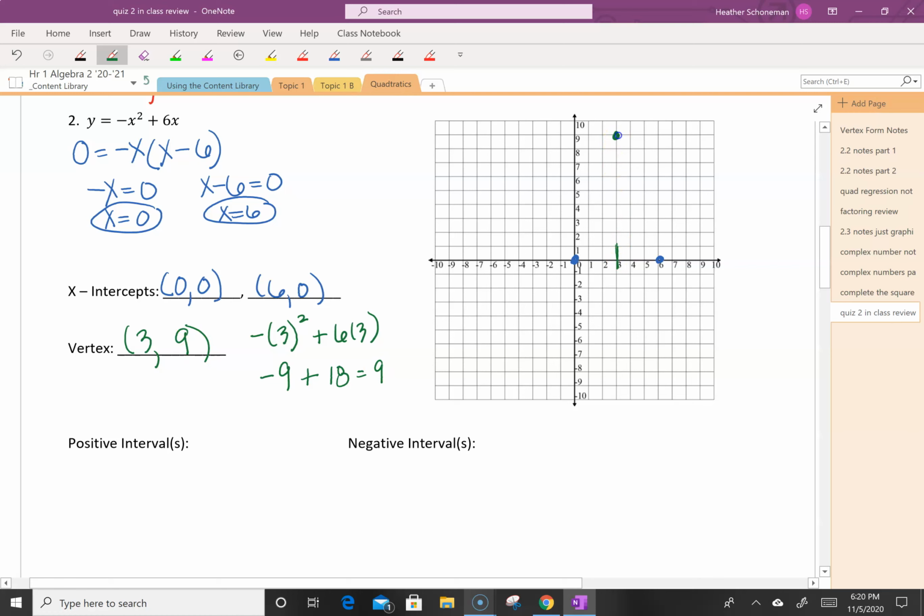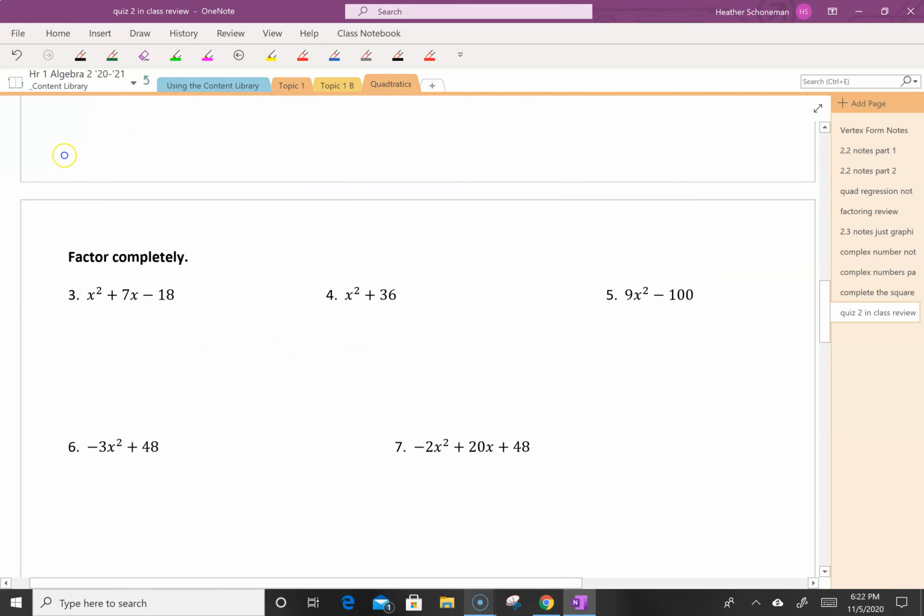So at (3, 9), I'm going to plot my point and draw my parabola. Okay, this one, since it's opening down, has only one positive interval, in between 0 and 6. And then there are 2 negative intervals: everything that's less than 0 and everything that's greater than 6.